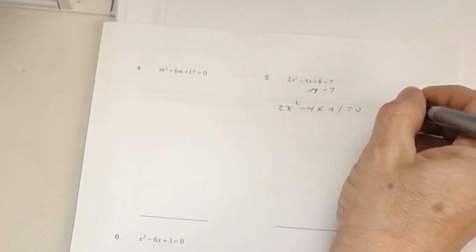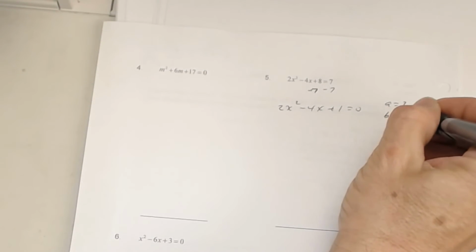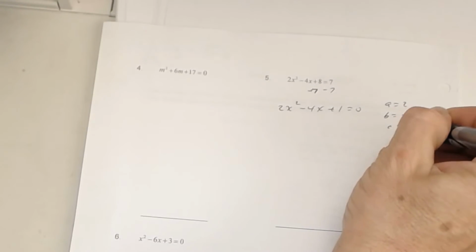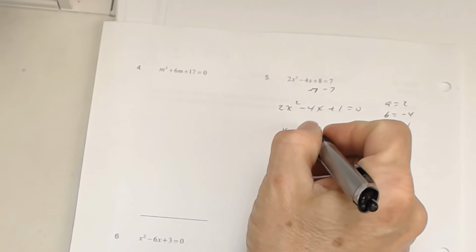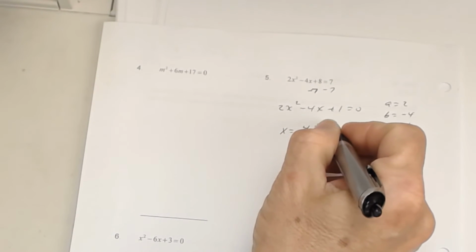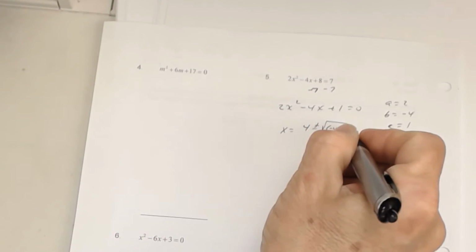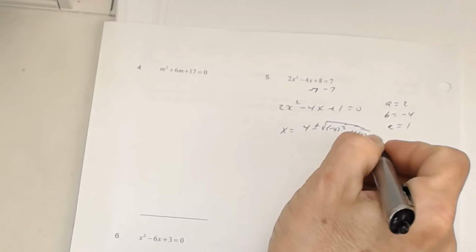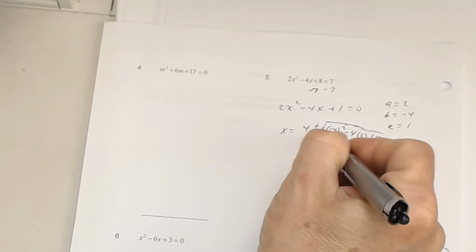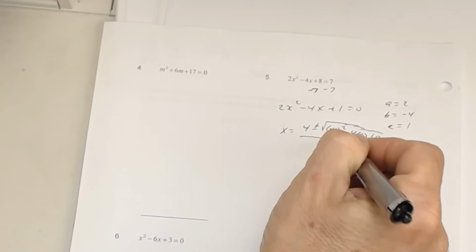So A is 2, B is negative 4, and C is 1. So x equals 4 plus or minus the square root of negative 4 squared minus 4 times A times C all over 2 times A.